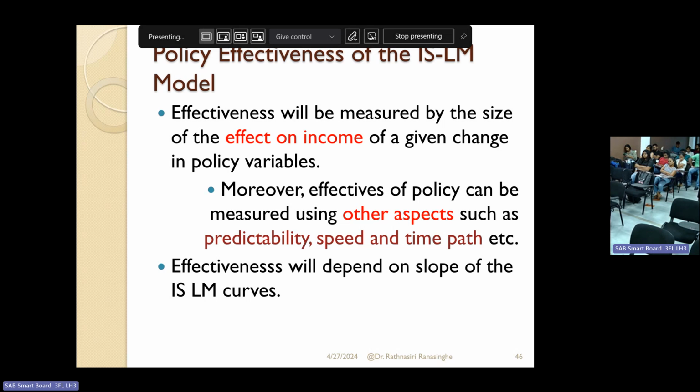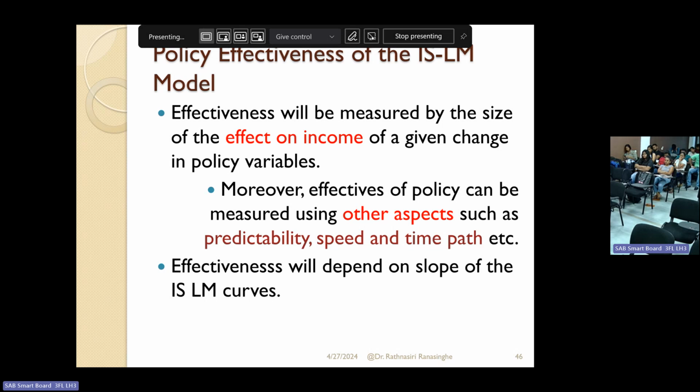Which policy is more effective, under what circumstances? That needs to be analyzed, whether the monetary policy is effective or the fiscal policy is effective. The effectiveness depends on the slope of the IS and LM curves. Depending on the slope, we can identify which policy is more effective.